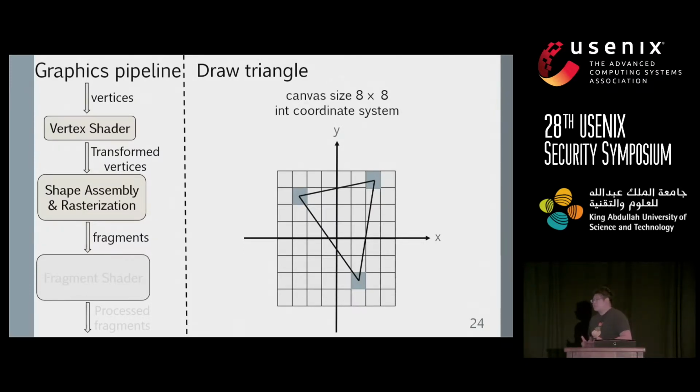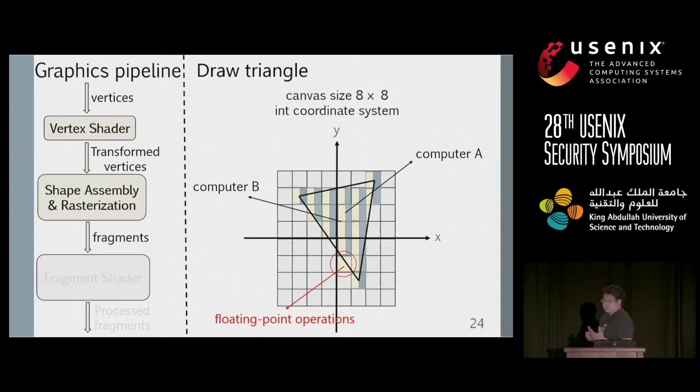Even if we can make sure that these 3 points' locations are totally the same, the gray pixels are from computer A and the yellow pixels are from computer B. We still found that there are some pixels that belong to computer B but not to computer A. Because in this part, the shader uses floating point operations to decide which pixel belongs to this triangle.